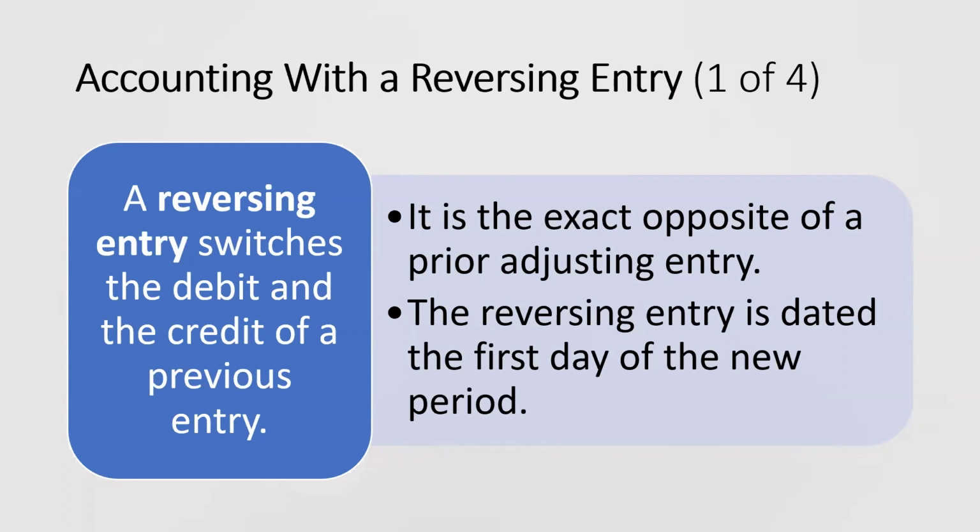Accounting with a reversing entry. A reversing entry switches the debit and the credit of a previous entry. It is exactly the opposite of a prior adjusting entry. The reversing entry is dated the first day of the new period.